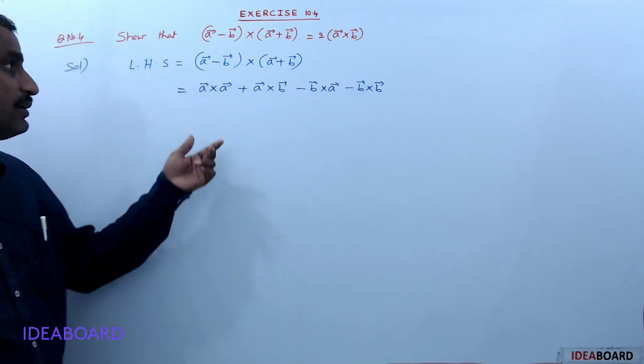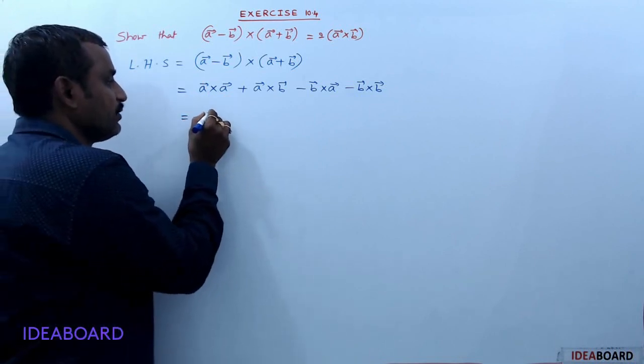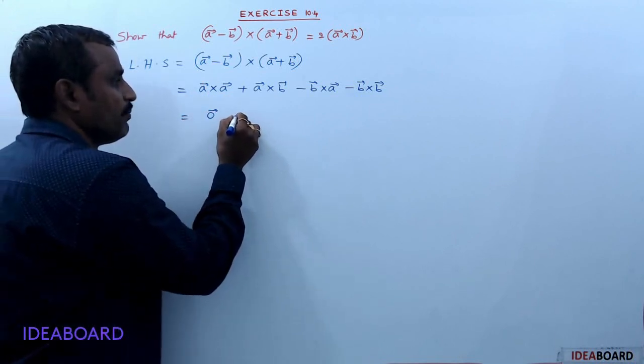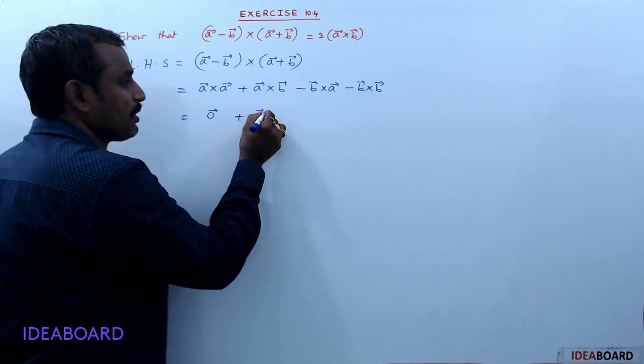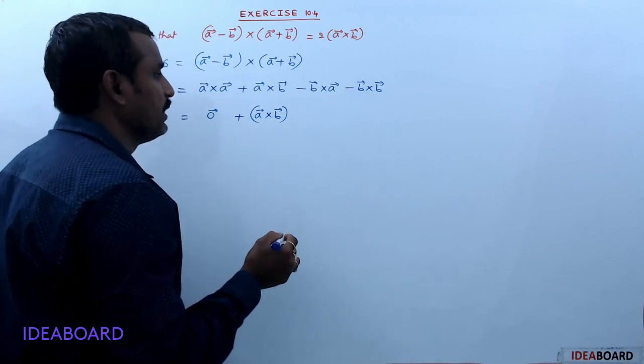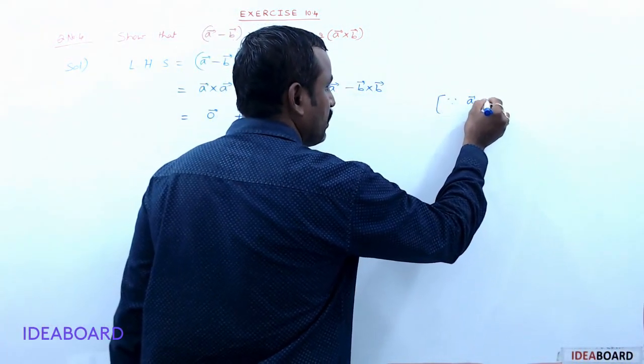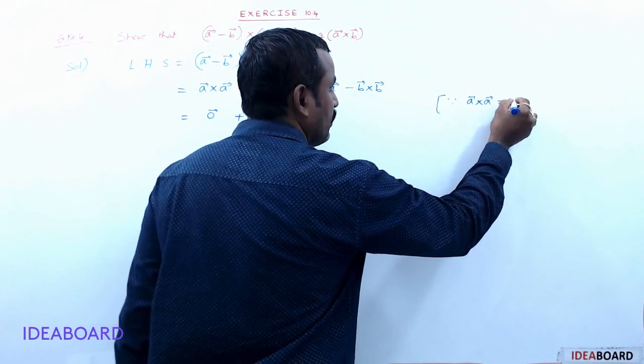I already gave this formula in the properties. So this is 0 bar plus a bar cross b bar. Here we know that a bar cross a bar is equal to 0 bar.